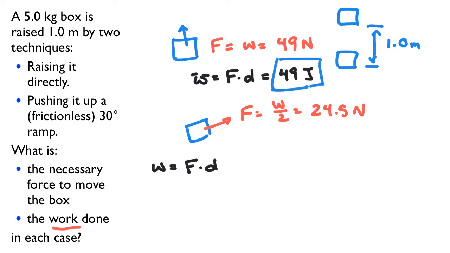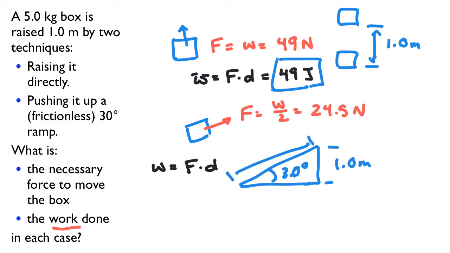Now let's look at the second case. If we're pushing it up the ramp, and if the ramp looks like this, and the height of the ramp is 1 meter because I'm raising the box by 1 meter. This is a 30-degree angle. Okay, if that's a 30-degree angle, this length, the length along the ramp, is 2.0 meters.